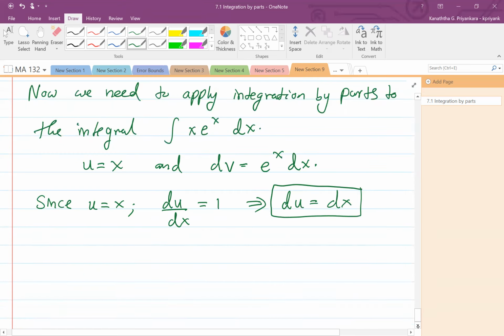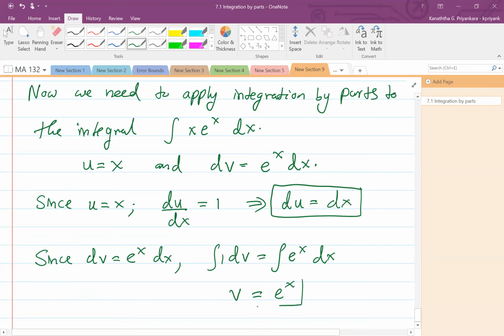And then we will compute v. Since dv equals e to the power x dx, we integrate both sides. So integral of dv is integral of e to the power x dx. Integral of 1 with respect to v gives v, and integral of e to the power x is e to the power x.